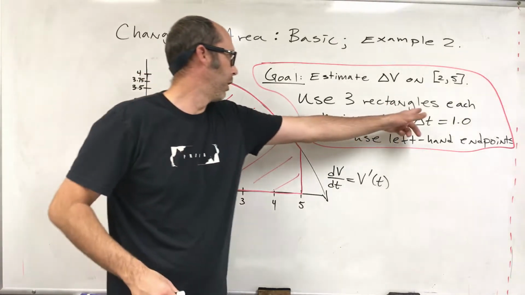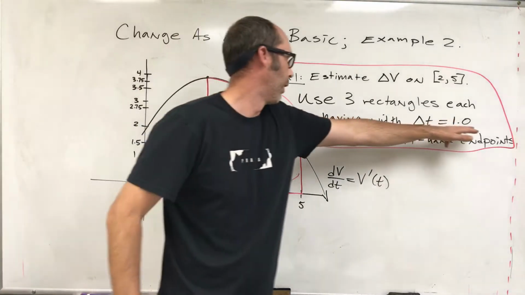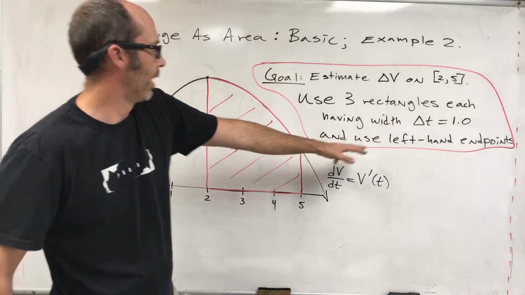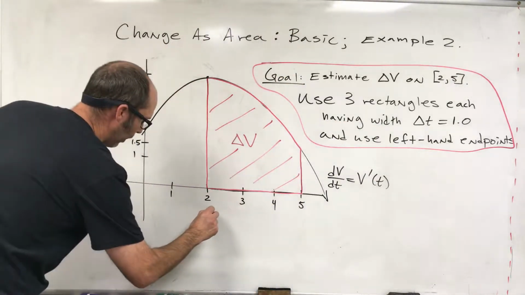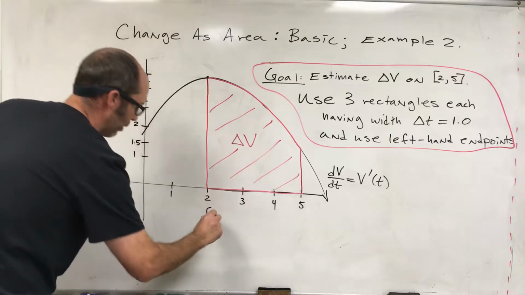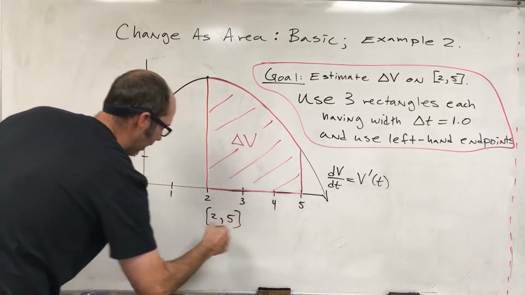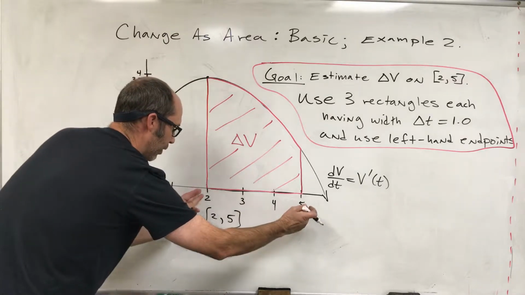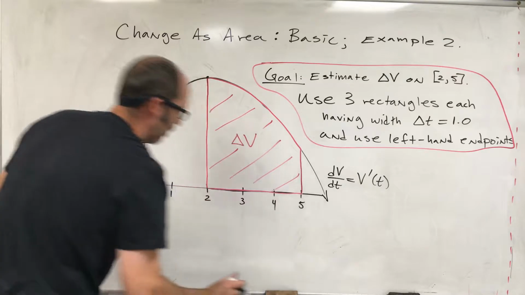We're going to estimate using three rectangles, each having width 1.0, and left-hand endpoints. So we're estimating this area, and the 2, 5 refers to this interval, from 2 to 5.